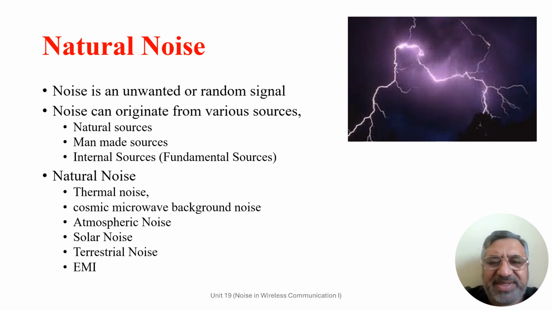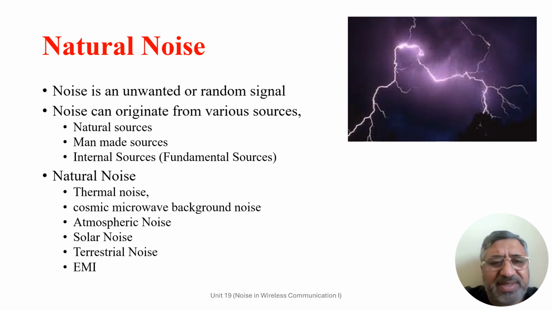In wireless communication, there are several ways where noise is generated by naturally available resources that can affect the quality of the received signal. It is important to note that natural sources of noise are inherent to the environment. We cannot eliminate them 100% from the wireless communication system.